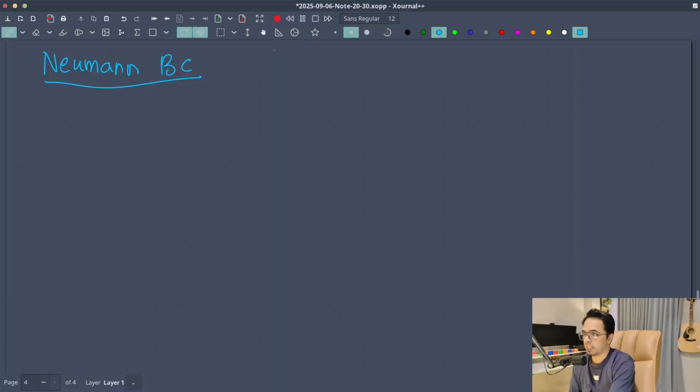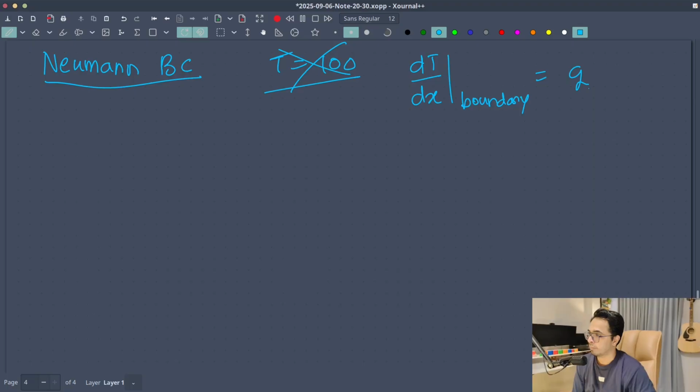So instead of writing simply T is equal to so and so, maybe 100, I will write dT by dx at the said boundary is equal to some flux, some value that will be given. Right? So this is the primary difference.